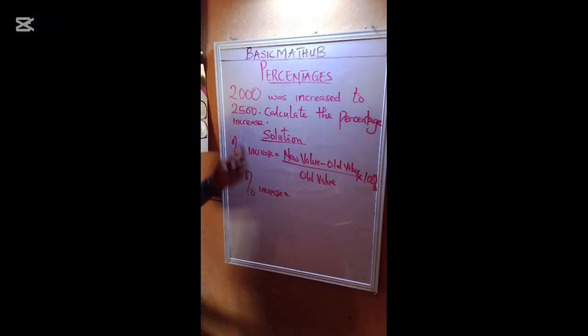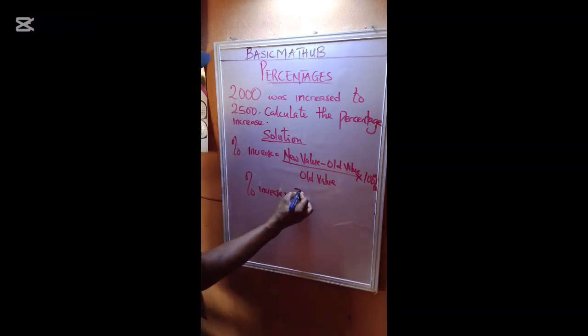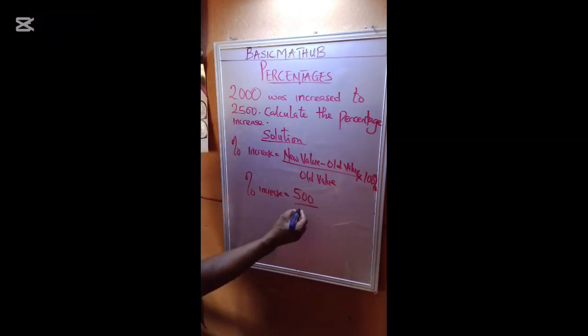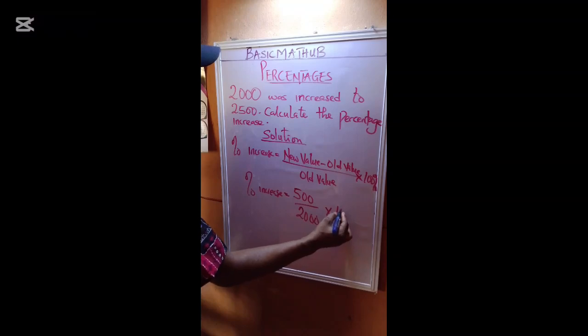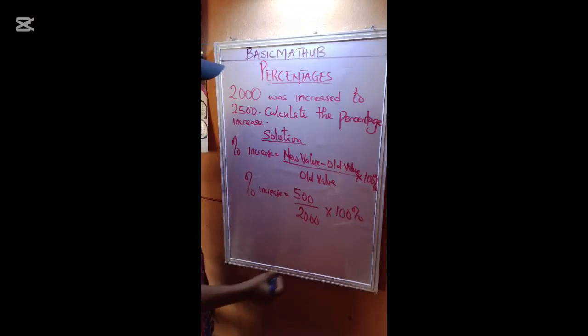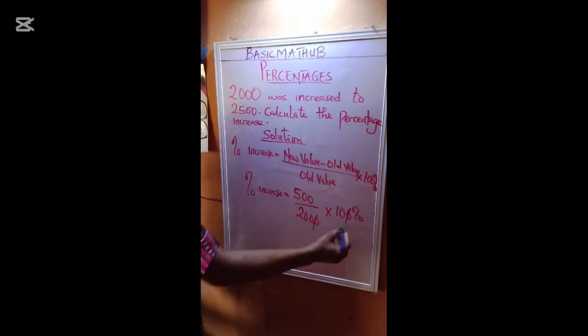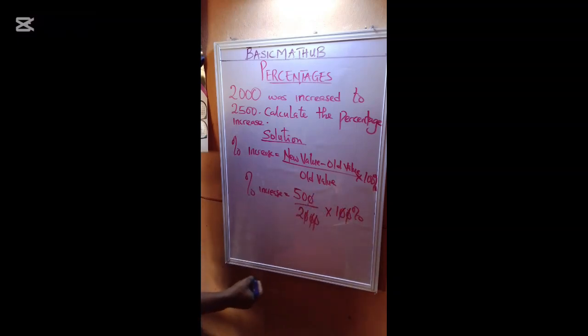So we can now say that percentage increase will now be equal to, that's 2500 minus 2000 gives us 500, and our old value is 2000. So times 100%. So 0 cancels 0, 0 cancels 0, this 0 cancels 0, and 50 divided by 2 will give us 25.